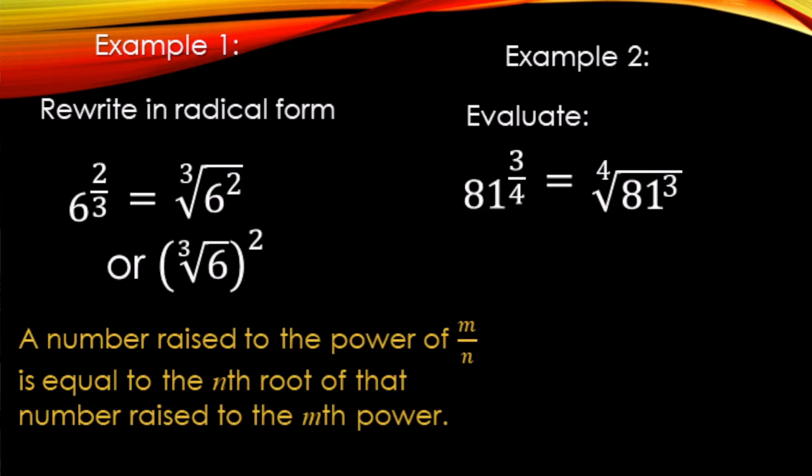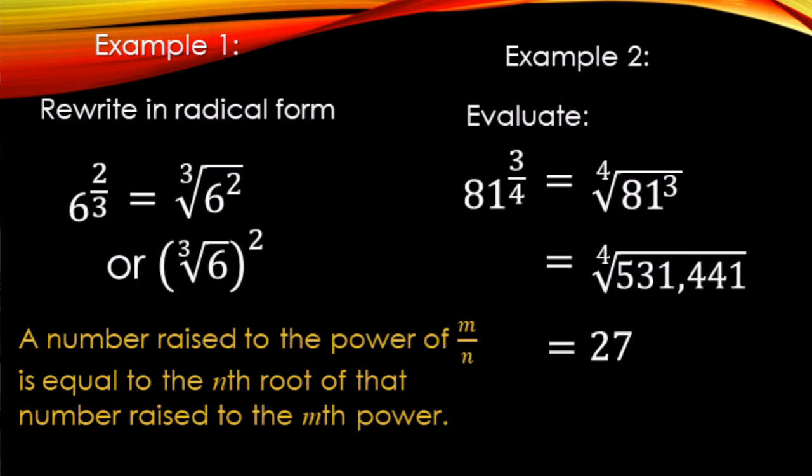This one definitely is going to need a calculator to continue to evaluate this. So here we go. We're going to leave the index of 4, and then we can do 81 to the 3rd power. 531,441. And then we're going to do the 4th root of that. So if you have a calculator that does that, go ahead and do that. If not, you can take this and raise it to the 1/4 power on your calculator, or 0.25.